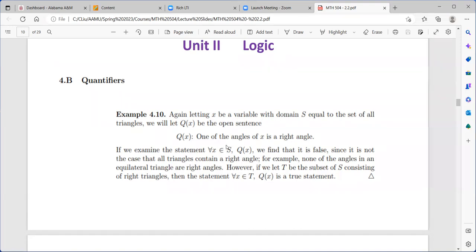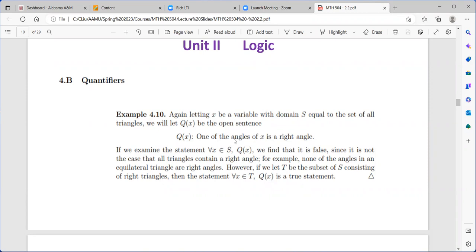If you translate this sentence, it means for any triangle, this is the domain of all triangles, one of the angles of any triangle is a right angle. That's the statement Q now. If you plug in x with any triangle, that's false.